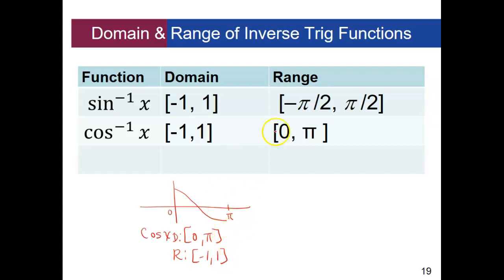And like we said before, the domain and the range will switch when we do inverse cosine or the inverse of any function. We switch the domain and the range. So here, this domain becomes the range, and this range becomes the domain.